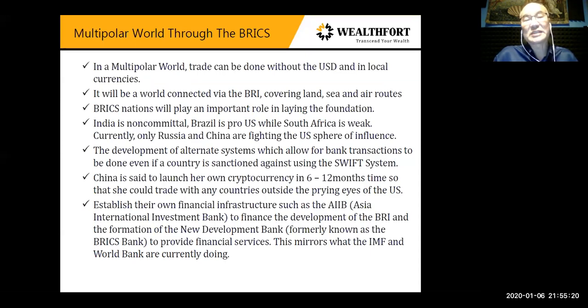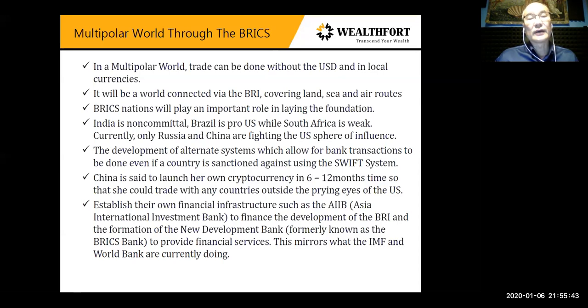India is non-committal at the present time, because India is in a difficult situation. They have a lot of trade with the US and also a relationship with Russia and China.